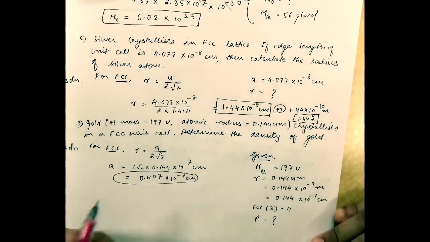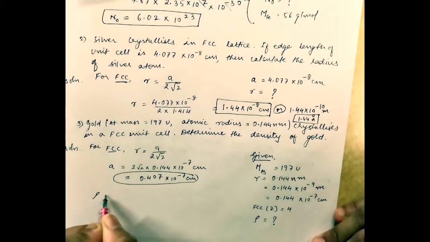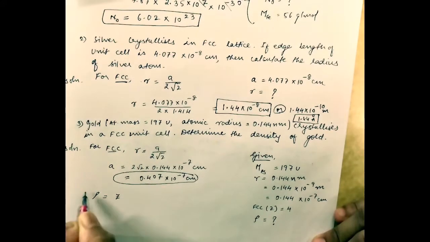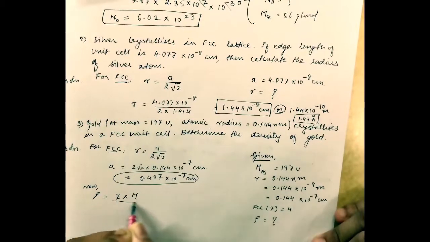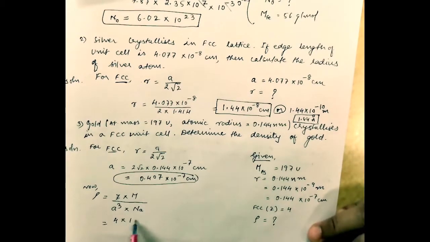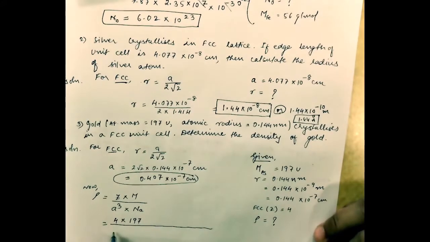Now it's simple, just put in the formula for your density, which I have shown you already. So now rho is equal to Z into M divided by A cube into Avogadro number. Z here is, I told you, 4. Mass is given to you as 197, divided by A, which you have just found out, 0.407 into 10 to the power of minus 7.